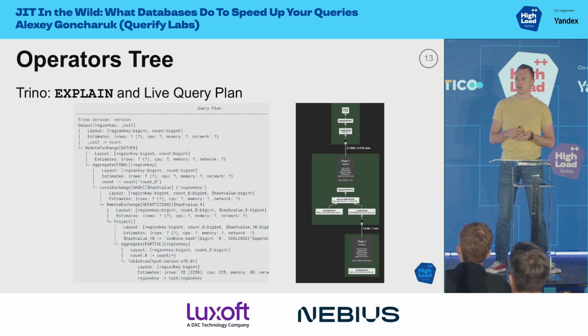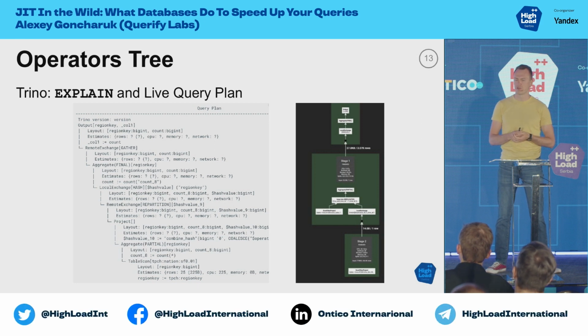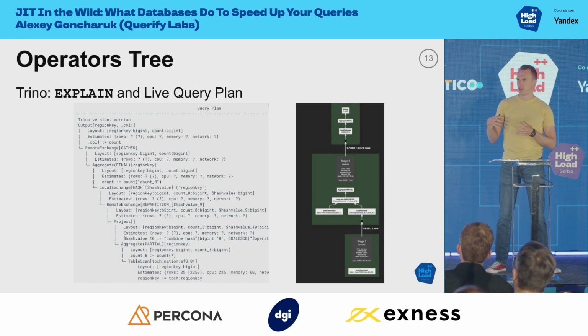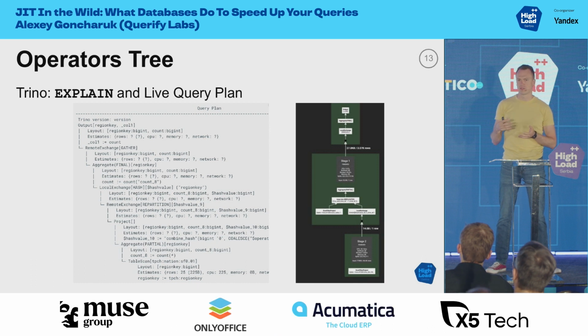And for example, in Trino, you can also use explain analyze to get the text representation of the query. And also on the web UI, you can take a look at the live query plan that is disaggregated to stages, and you can see the operator statistics and stage statistics at runtime.